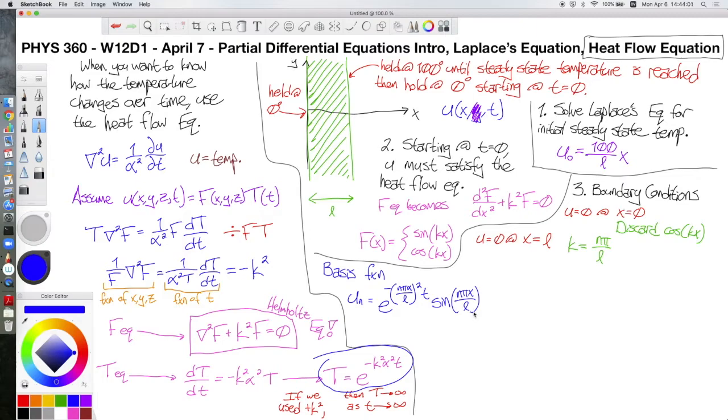And we are going to need to find some sort of linear superposition or linear combination of our basis functions. So we can actually write our solution here in the following way.